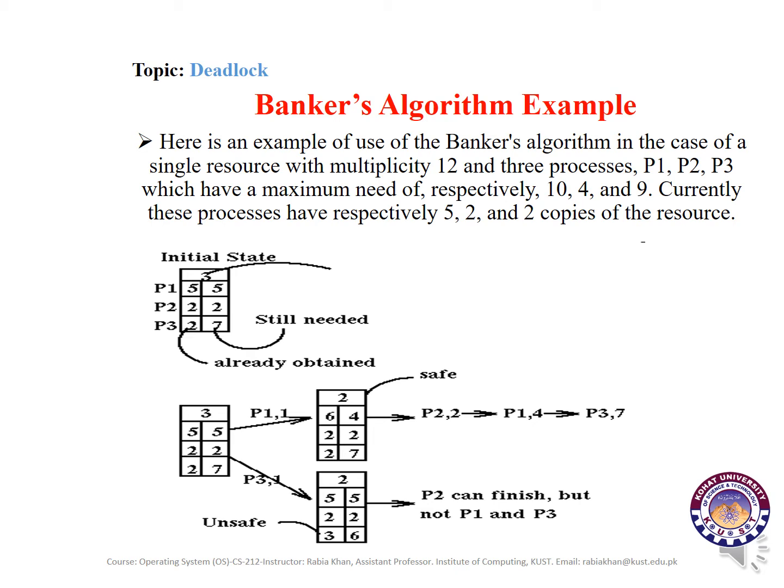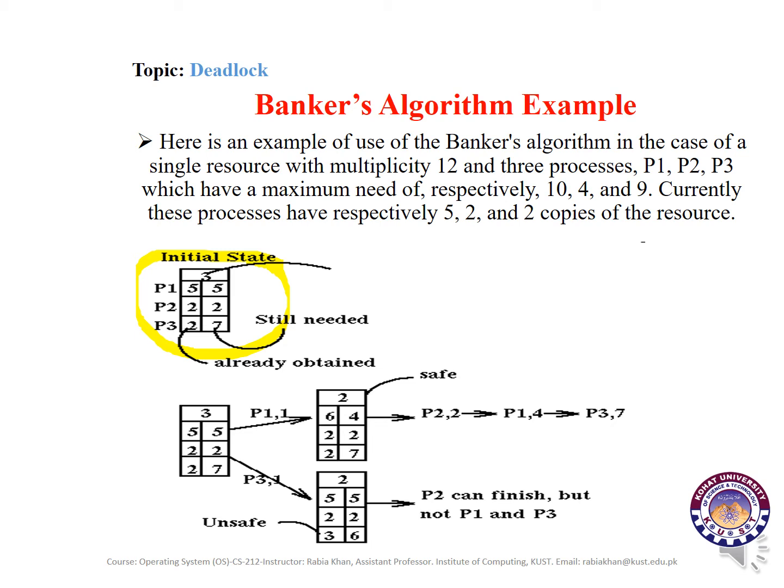So every process will be assigned a few instances at the beginning and the rest will be assigned when they are available. Let's suppose initially P1 is assigned 5 instances, P2 is assigned 2 instances, and P3 is also assigned 2 instances of the resource. This information can be seen in the table above. So the highlighted table gives you these assignment details.